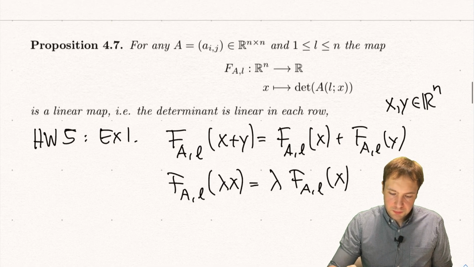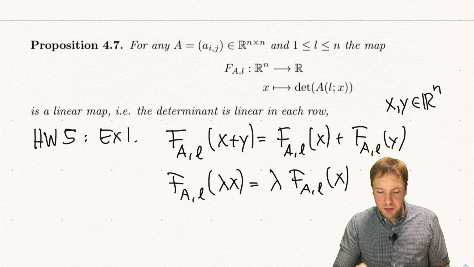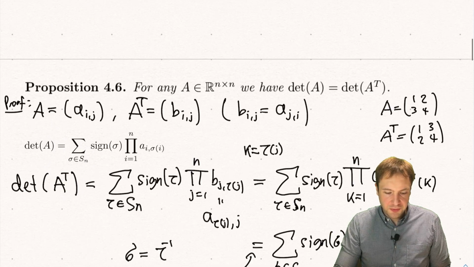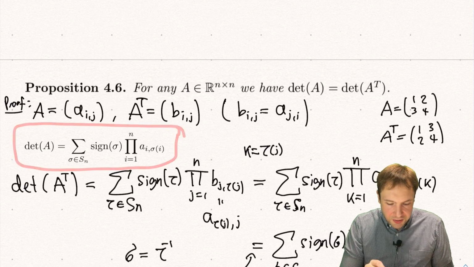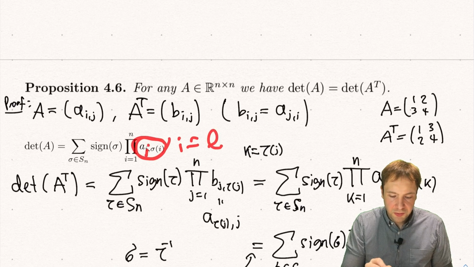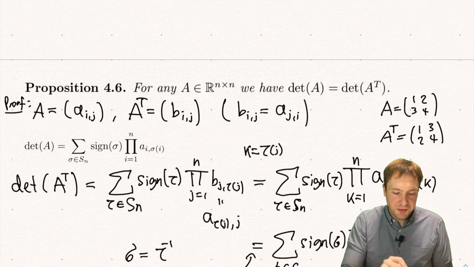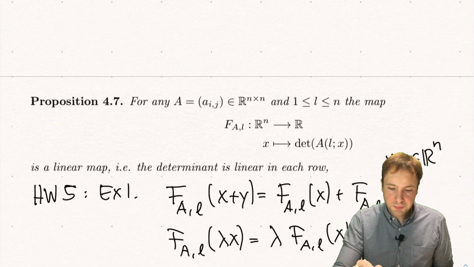This you will show in the homework. For this, of course, you need to use the definition and see what happens in the part where i equals l. In the l-th row you do something, and then you need to show why these two conditions are satisfied.